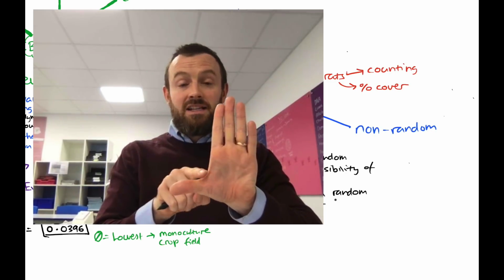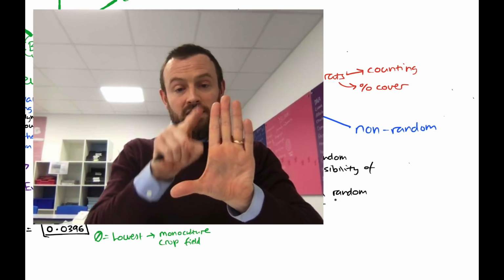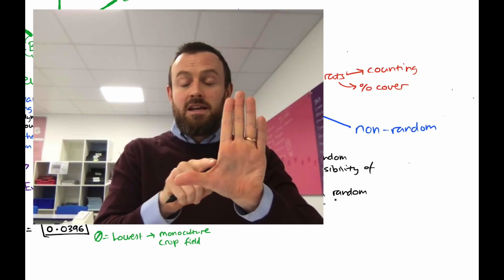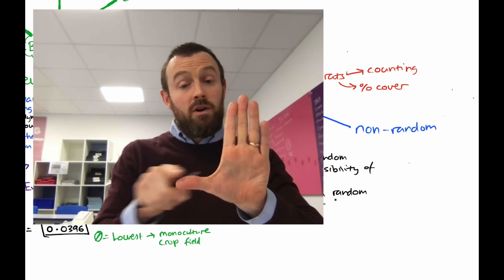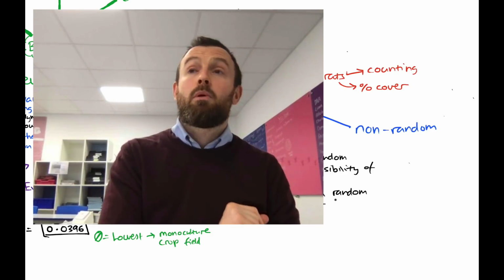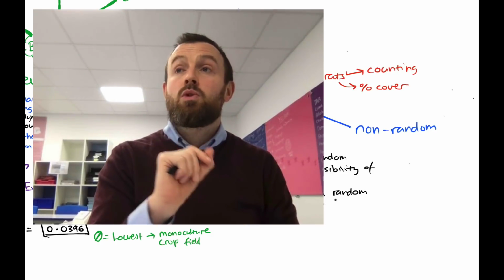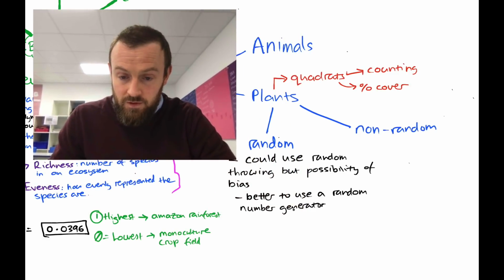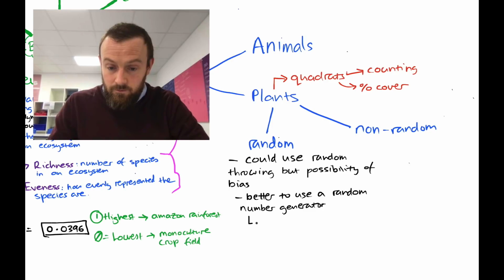You press rand, it takes you to a point somewhere between 0 and 1 on this axis. You press rand again, it takes you to a point on the other axis. You go to where the 2 points meet in your grid, and you sample that specific coordinate. So a random number generator can generate coordinates.